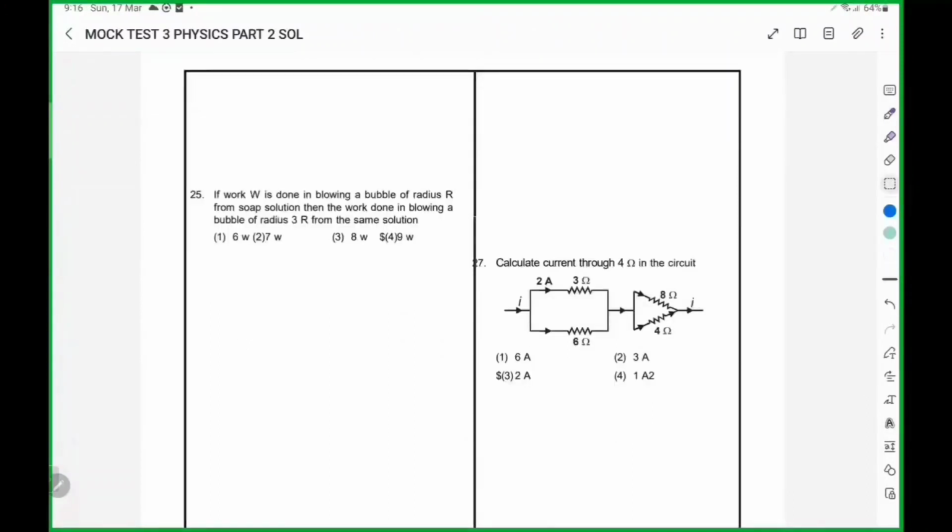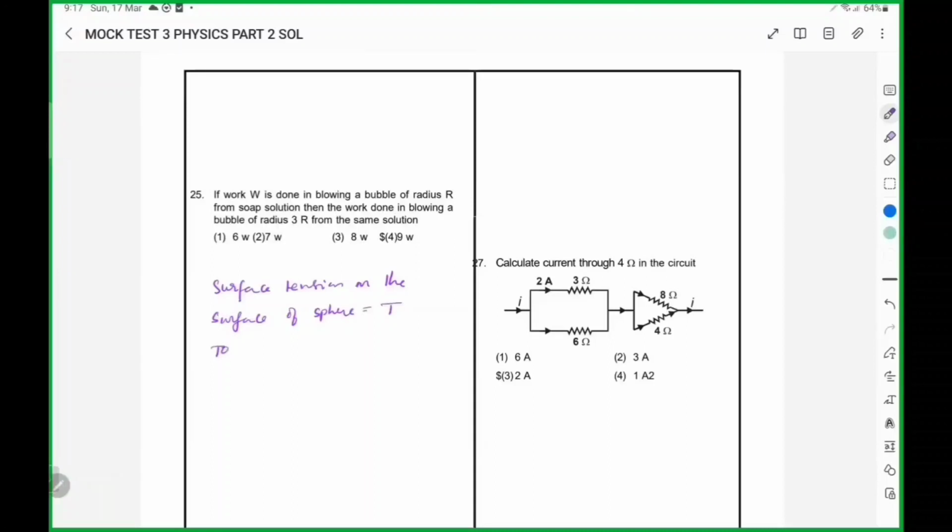So here, surface tension on the surface of a sphere, let us say T here.